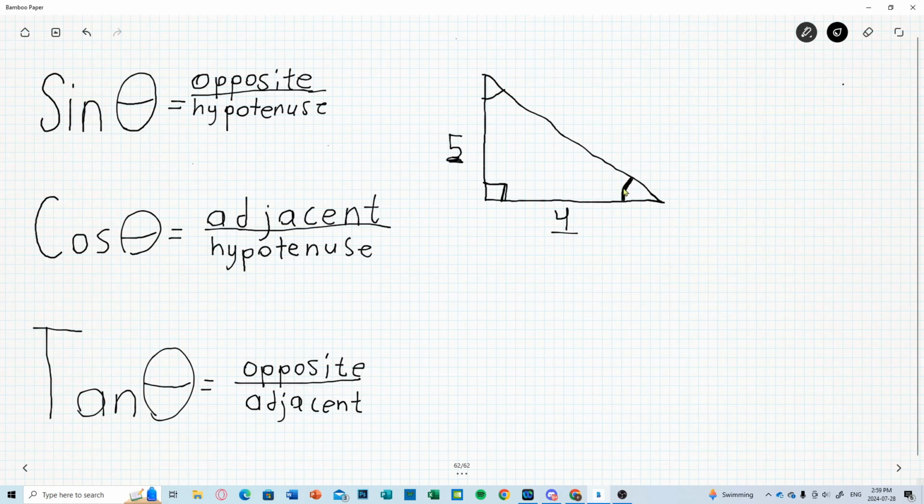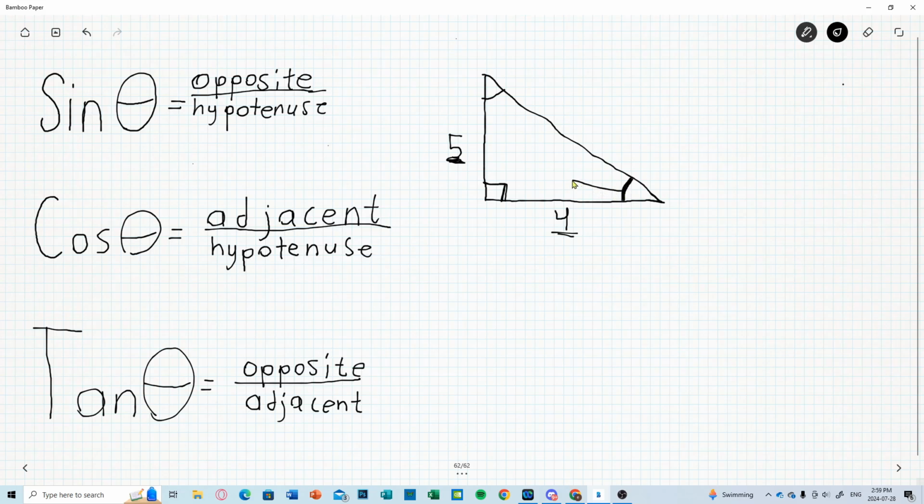Now, once you've identified what angle you want, you're going to look at what numbers you have. So we know that we have the height and the base. But that doesn't really mean anything to us when we're using opposite, hypotenuse, and adjacent. So we're going to label our sides a different way.